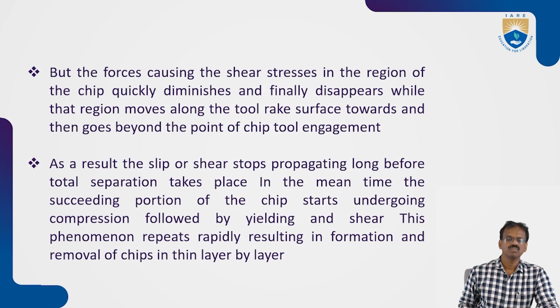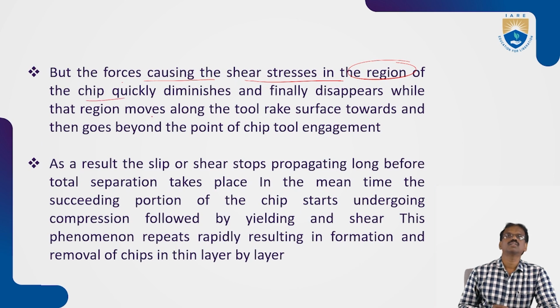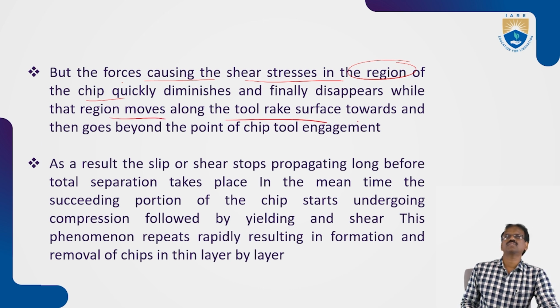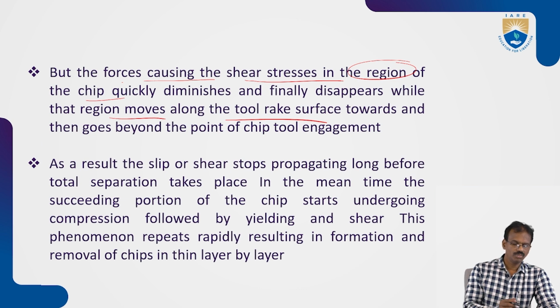But the forces causing the shear stresses in that region of the chip quickly diminish and finally disappear when that region moves along the tool rake surface. So due to that, the material will be removed in the form of a chip that slides on the rake face.